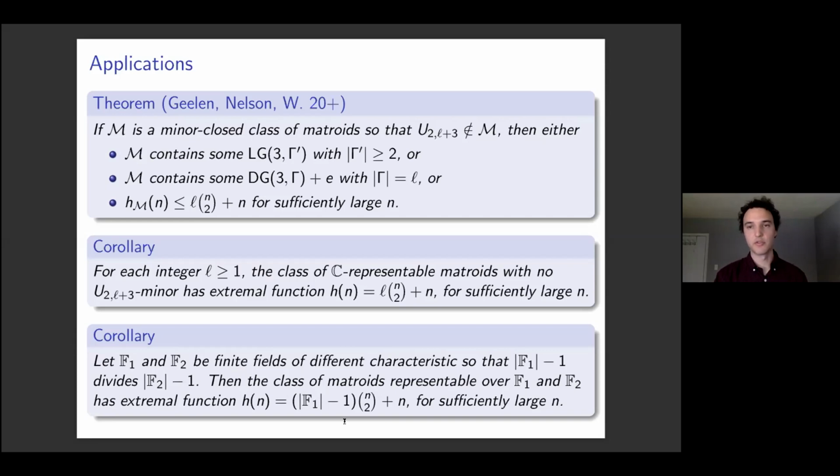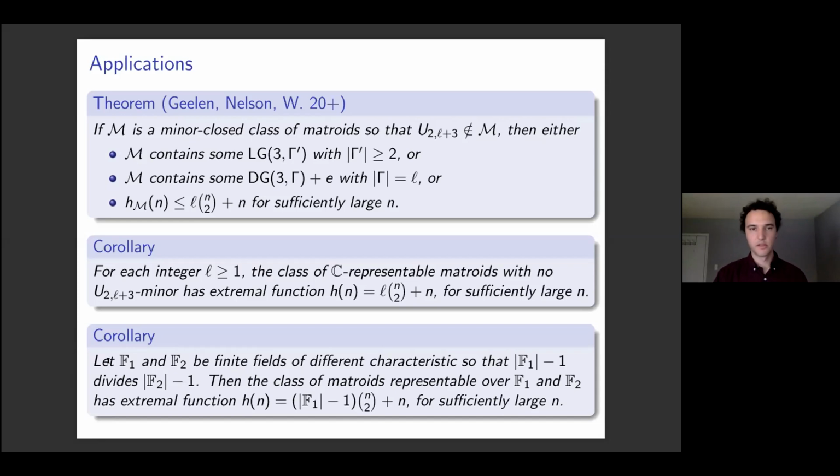So those Dowling geometries are extremal for this class. And that's why we need this divisibility condition. So that's what allows these Dowling geometries to also be representable over F2. Okay, and this was conjectured by Joseph Kung and also by Geelen, Gerards, and Whittle.